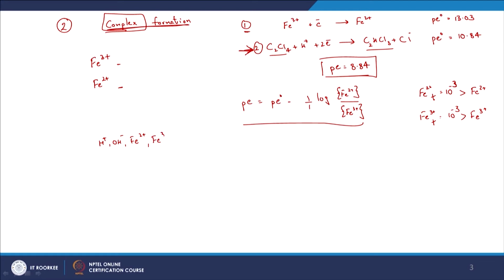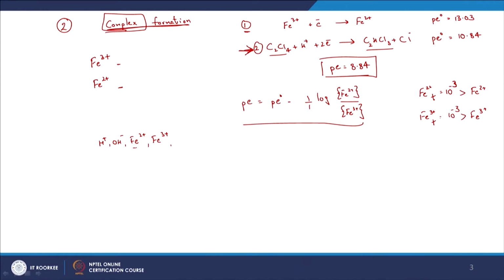For ease of calculation, and based on the background we had when we looked at aqueous complexes, we know that Fe2+ will form complexes but not to a great degree. So at least for working out the system by hand, I am going to consider that Fe2+ does not form any complexes, and all the Fe total for 2+ stays as Fe2+ itself.